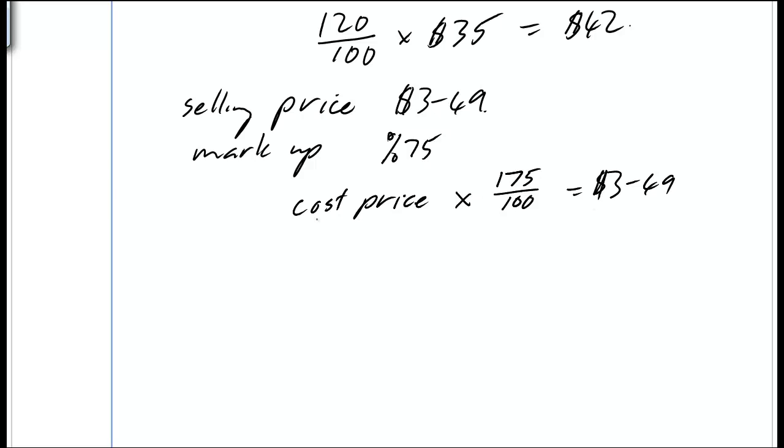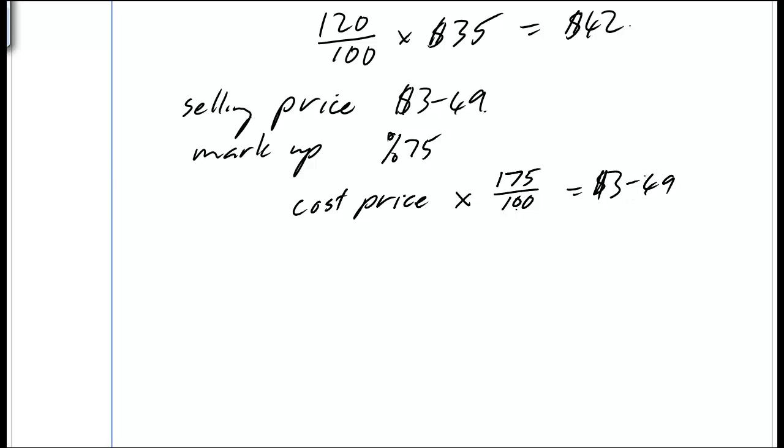Because they mark everything up by 75%, if you get the cost price and you increase it by 75%, 100 plus 75 is 175, so 175 over 100. So the cost price times 175 over 100 is going to equal the selling price.